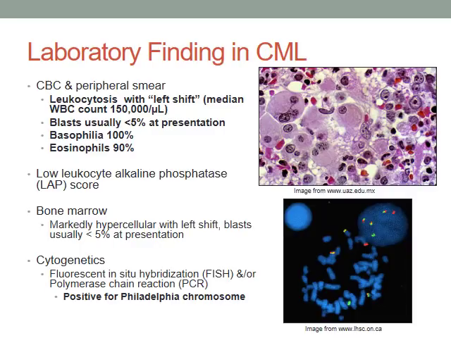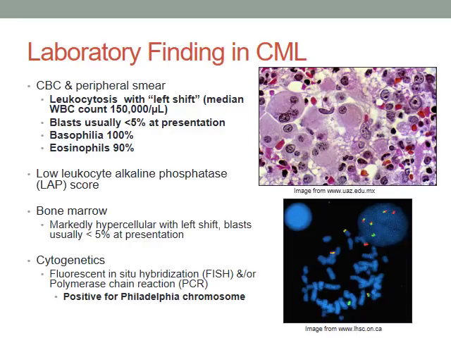Laboratory findings in CML include a CBC and peripheral smear with a leukocytosis. On the peripheral smear, you also will see a left shift, meaning that you have a lot of blasts or immature cells. However, in CML, the blasts at presentation are often lower than 5%, which means that you may not see them in the peripheral blood yet.